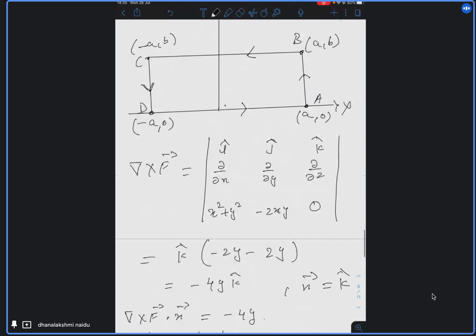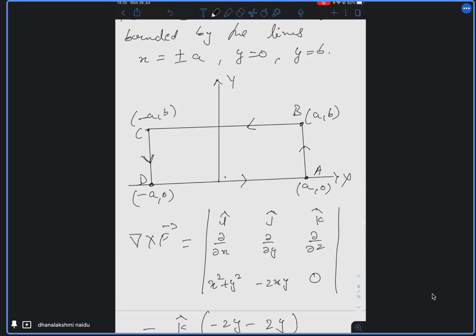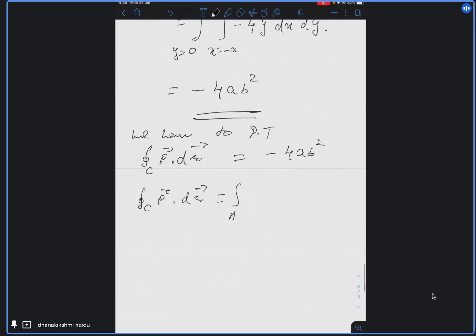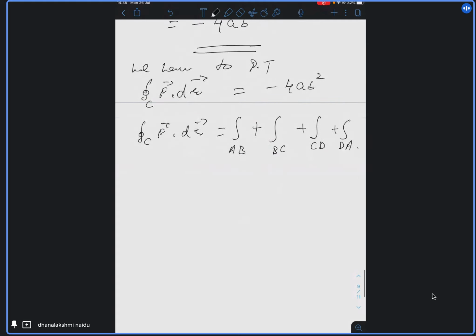So first you travel from A to B, B to C, C to D, D to A in this form. That is AB, then BC, then CD, and then DA. In this order you solve the problem. Each of this we have to solve, AB plus BC plus CD plus DA.